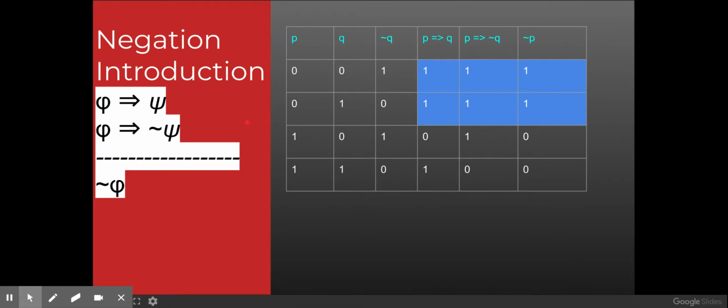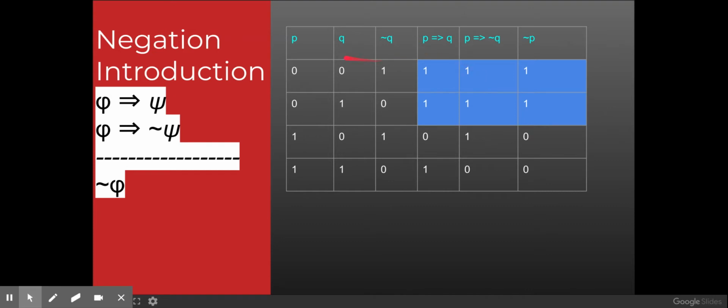Negation introduction is a situation where if you have something that implies one thing and it implies the opposite, then we can conclude that that thing is actually not true, or conclude the negation of that. And a truth table, such as we set up before, helps us understand this as well.